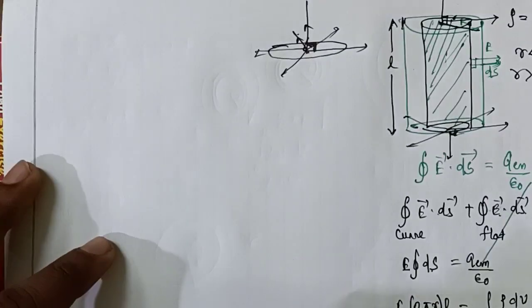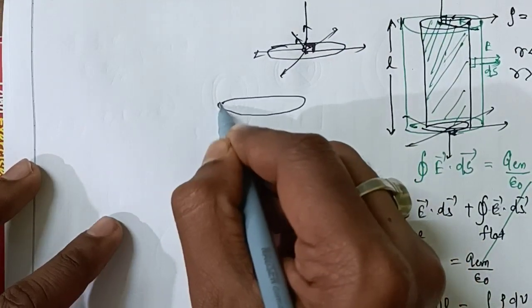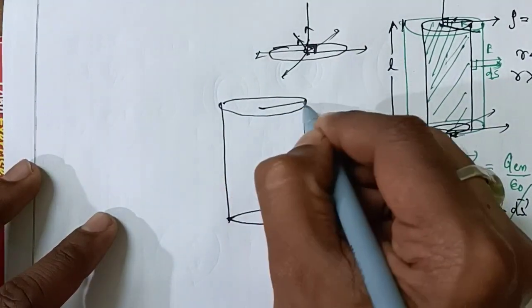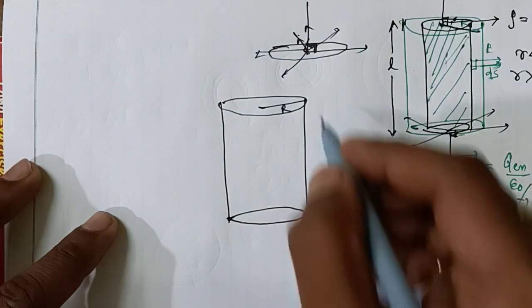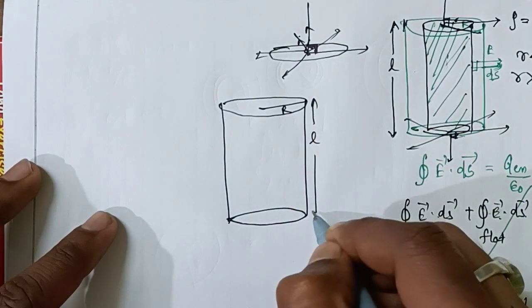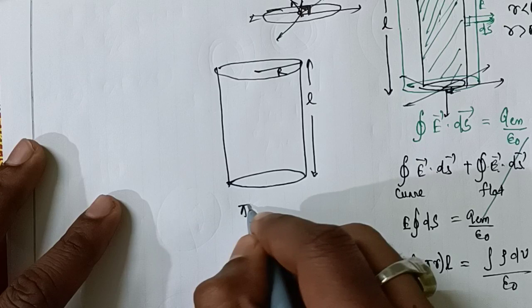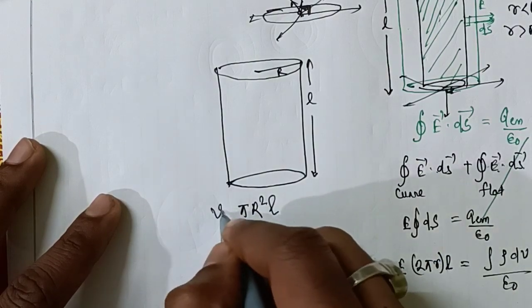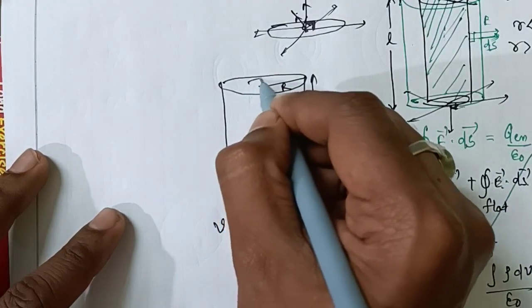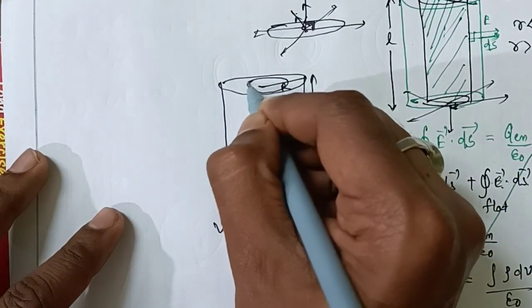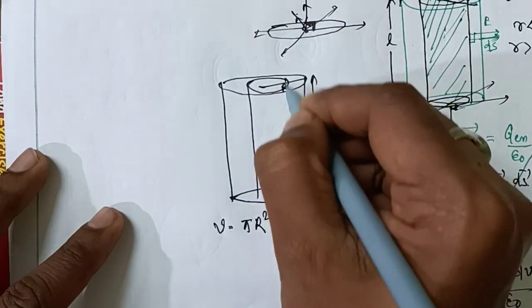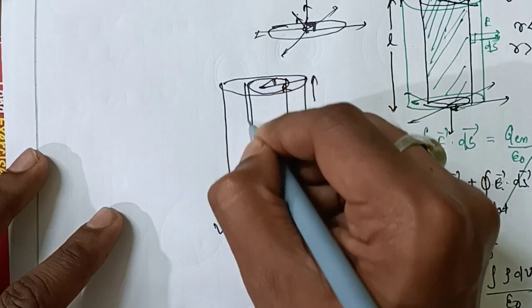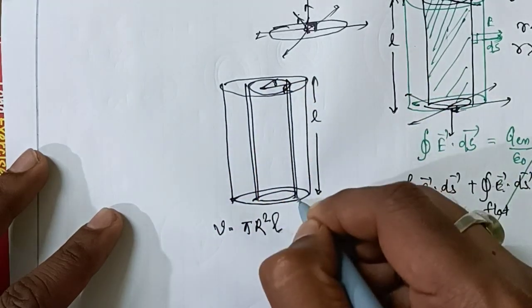Rho dV upon epsilon naught. If I consider a cylinder of radius R and length L, what is the volume of the cylinder? The volume of the cylinder is pi r square into L. And how does this result come? You will consider an elementary hollow cylinder whose radius is r and whose thickness is dr. This is a way we can think about volume.